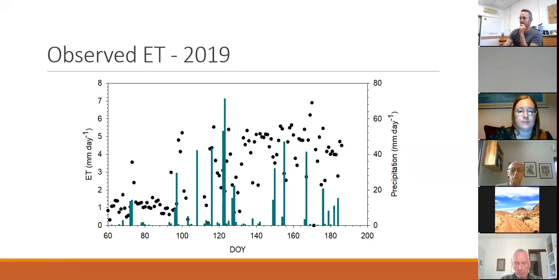Again, with really low ET at the beginning of the growing season. And it's important to note that 2019 was a bit of a wetter year. If you just look at the sheer number of rain events, you can already tell that just by looking at the graph. But 2019 was a bit of a wetter year, especially in the early growing season.